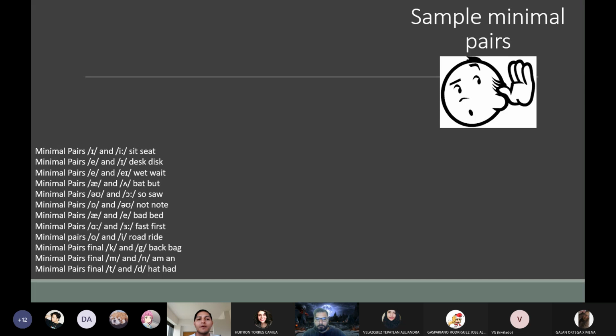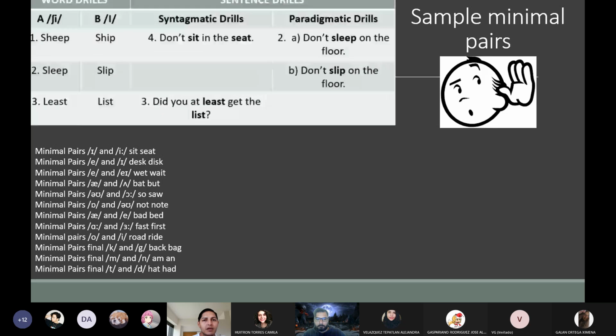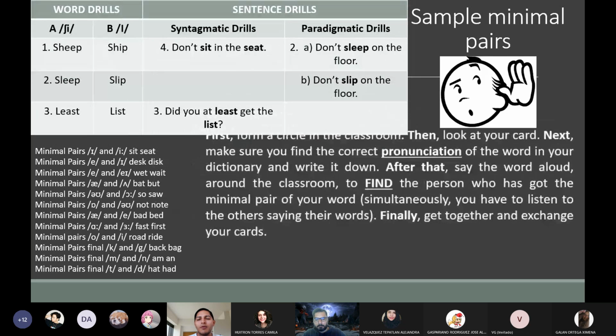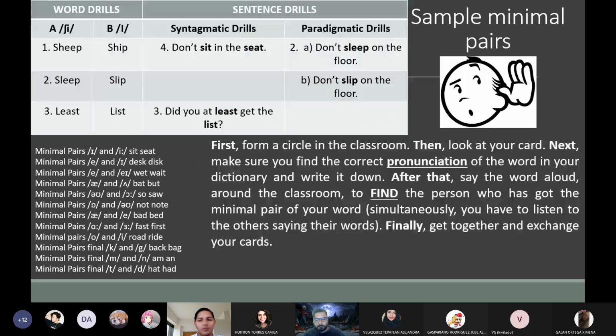Well, I have prepared an activity for practicing with syntagmatic and paradigmatic drills, but unfortunately, we cannot do it because the sounds would be a mess. When working online, we can barely discriminate the sounds of a person.